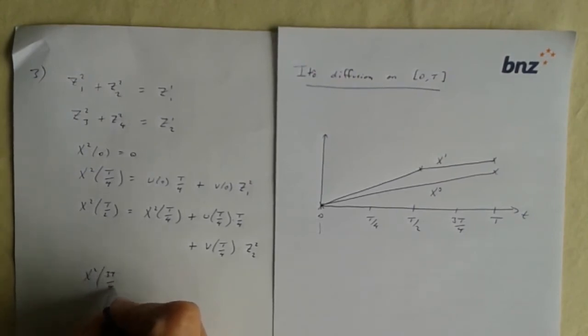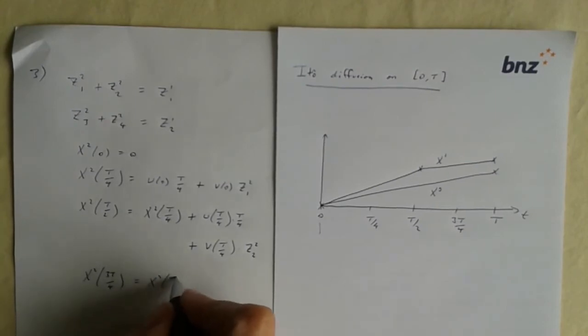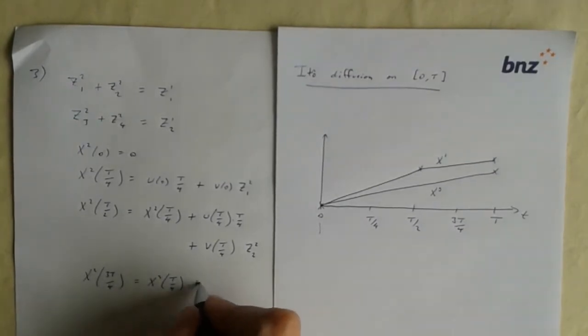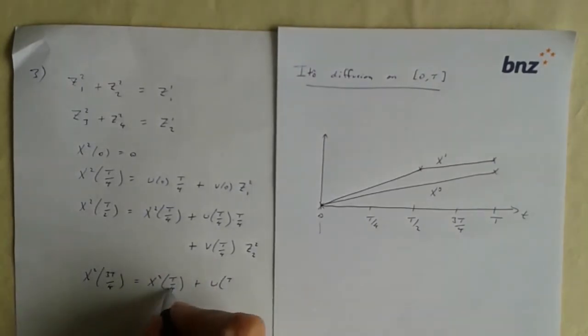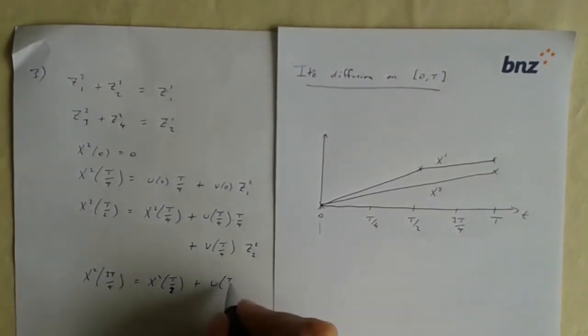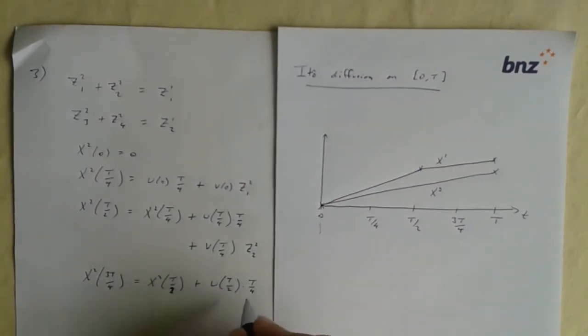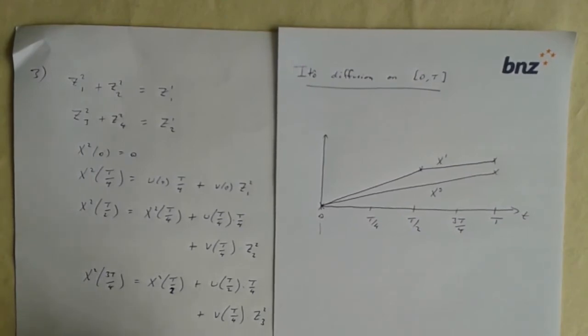One time step later, it'll be t over 2. And finally, the fourth little step takes us to time t.